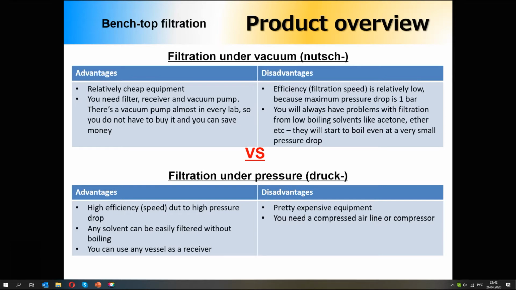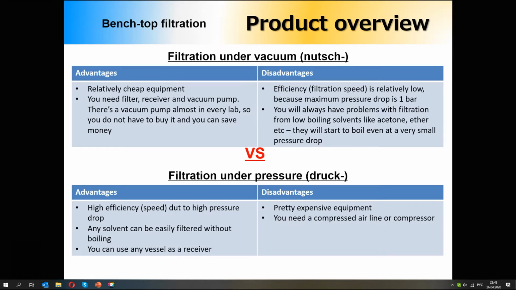The equipment for filtration under vacuum is relatively cheap. Just as you saw on the first slide, that's the Buchner funnel and Bunsen flask, and of course that costs you, I don't know, 20 maybe 40 euros or dollars in total. But that's the simple thing.